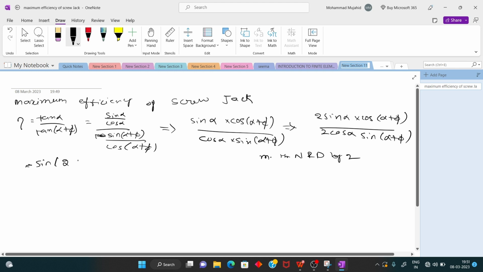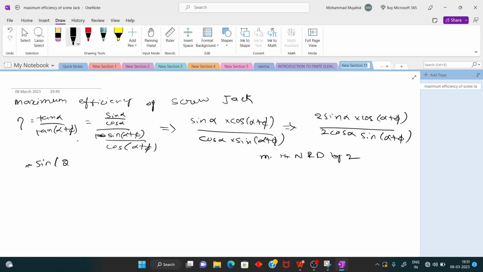As we know, 2 sine A cos B is equal to sine of A plus B plus sine of A minus B, and 2 cos A sine B is written as sine of A plus B minus sine of A minus B. So from this we write sine of 2 alpha plus phi minus sine phi by sine of 2 alpha plus phi plus sine phi. So here the efficiency will be given by this equation.